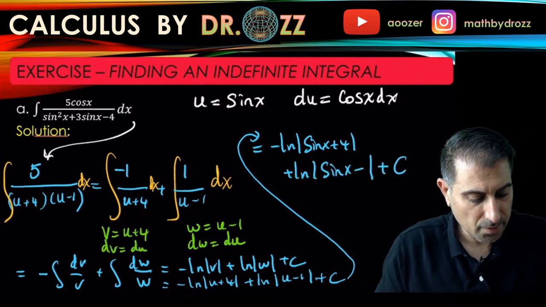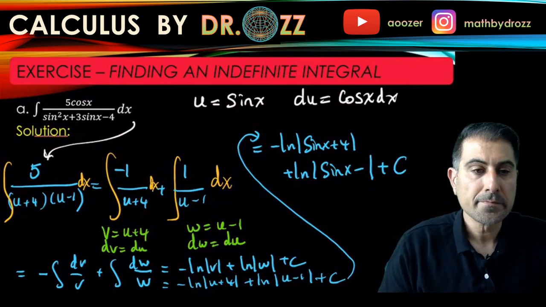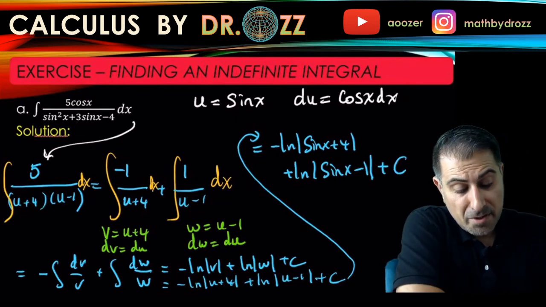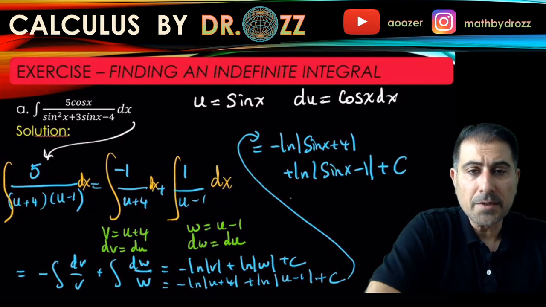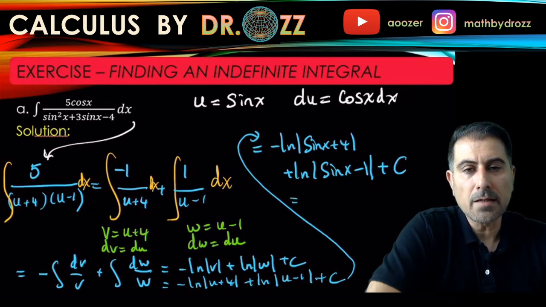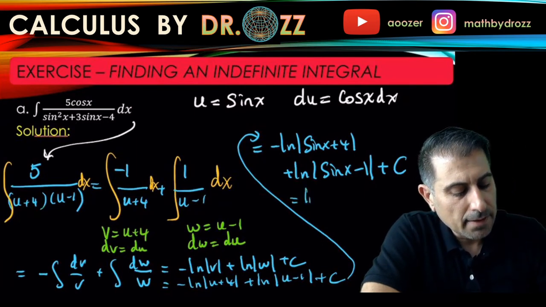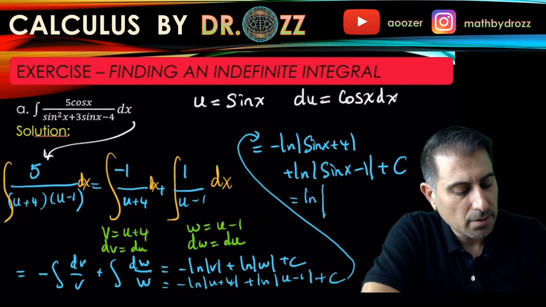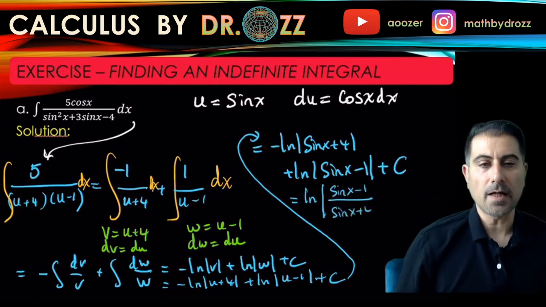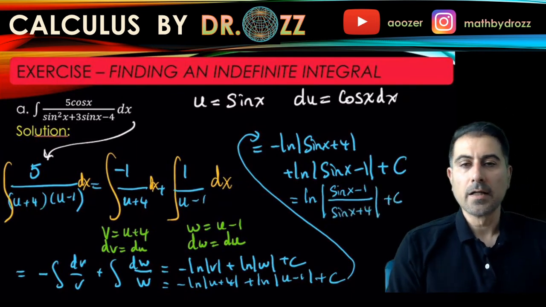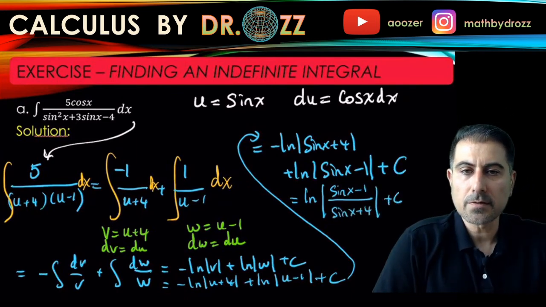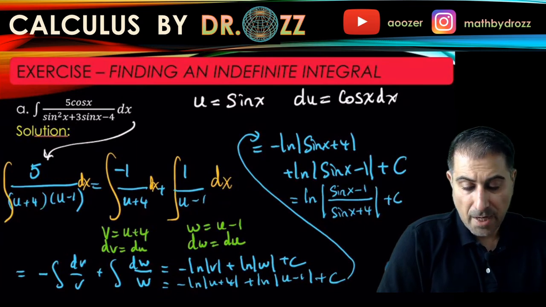And you can simplify this even further because you have the difference of 2 ln's. So ln a minus ln b is ln of a over b. In other words, this can be further simplified as ln of (sine x minus 1) over (sine x plus 4) plus c. This is a nice property of the logarithmic functions.